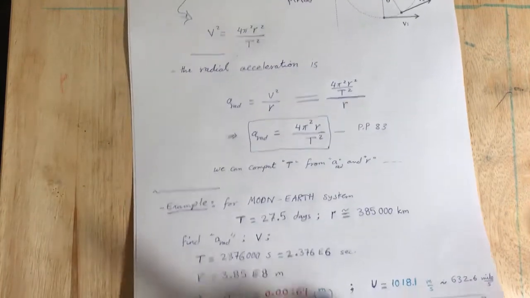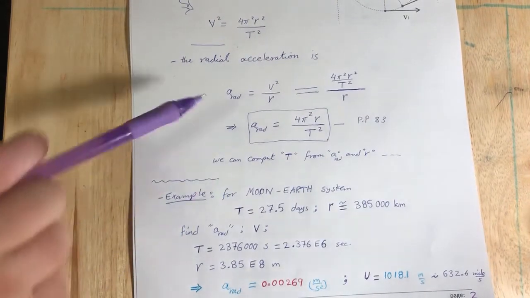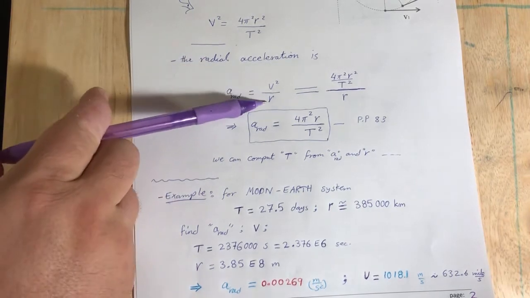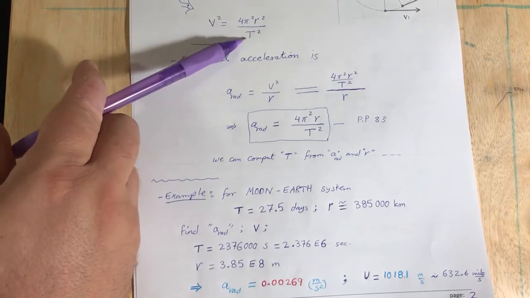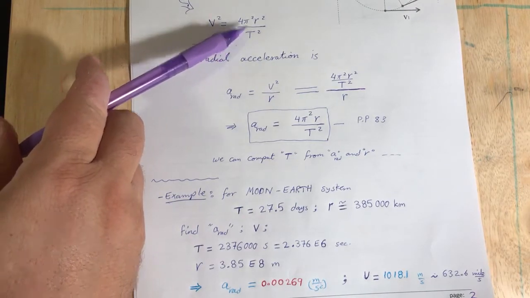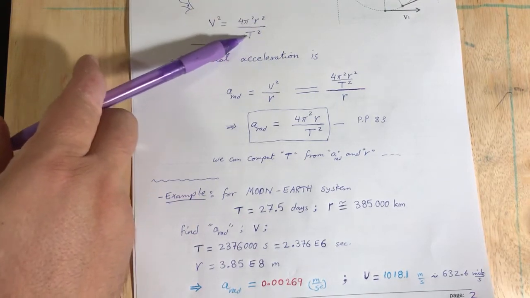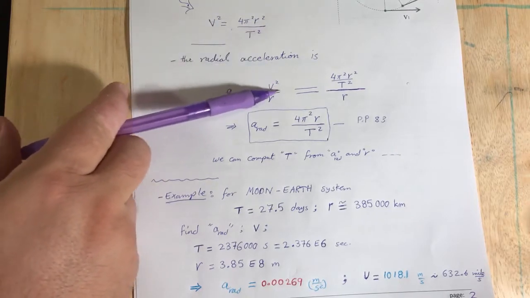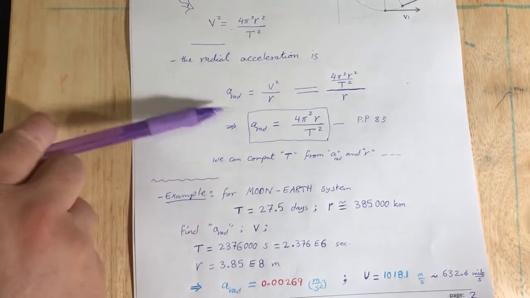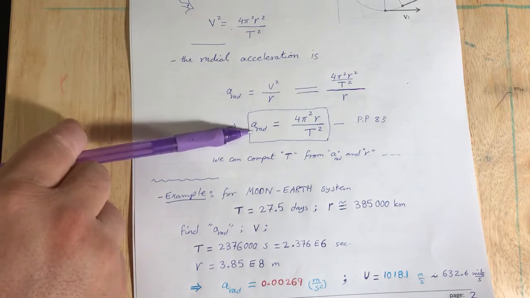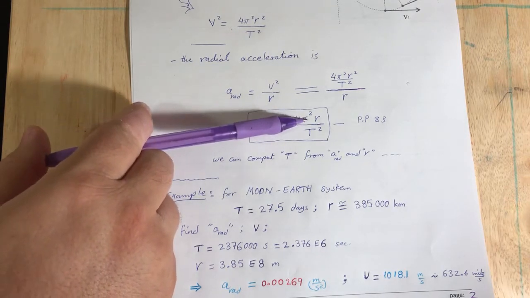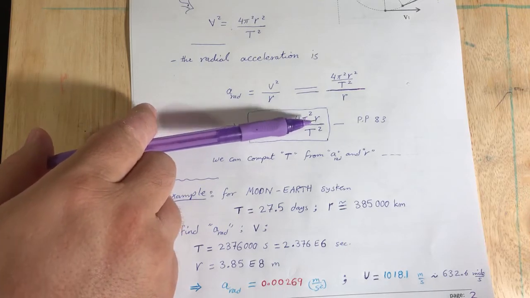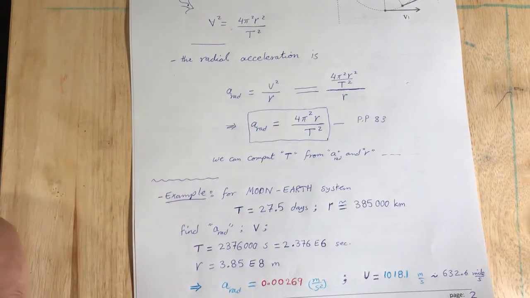Now the radial acceleration we found before, which is v squared over r, we now know v squared in terms of T and r. We can use this formula and put it in the place of v. Then we have another formula for radial acceleration in terms of the radius of rotation and the time period.